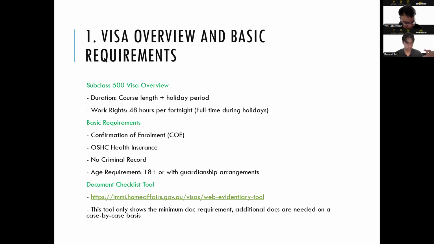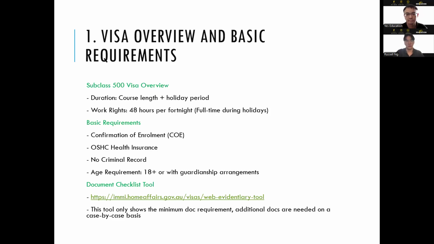There are two types of arrangements. One is to arrange a guardian to accompany the student to Australia, to be with the student until the student turns 18. Then the guardian will get a guardian visa for the time staying in Australia. That's the first kind of arrangement.